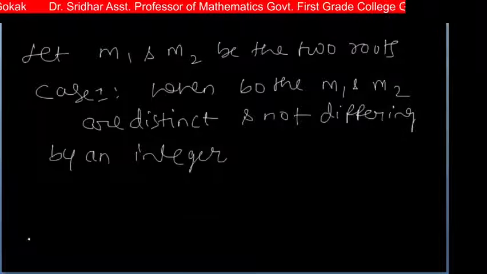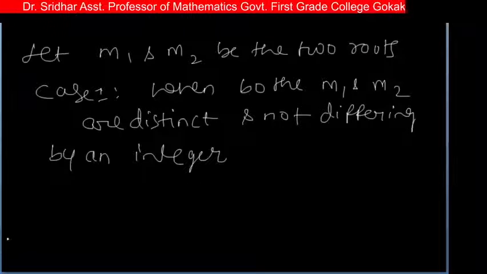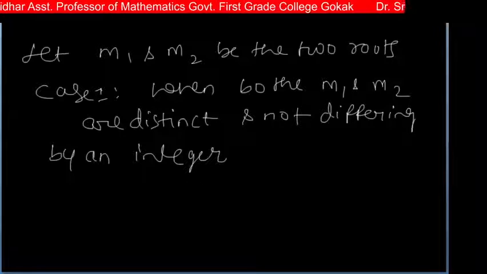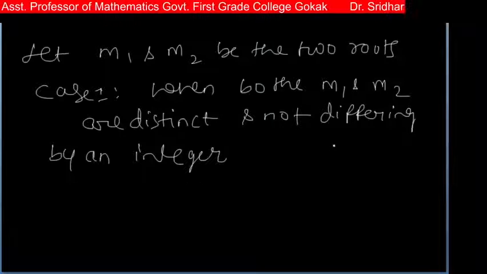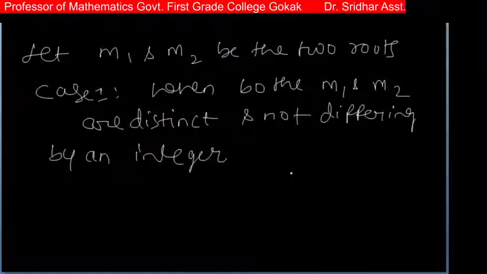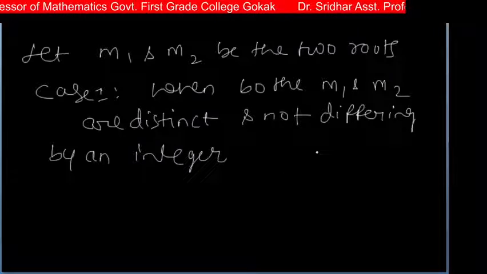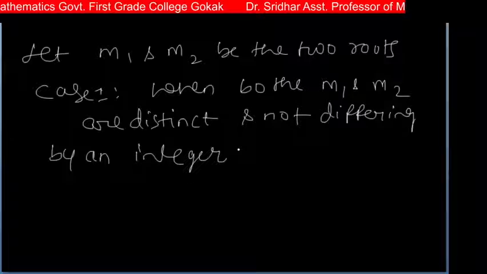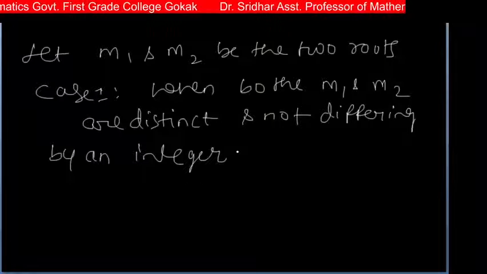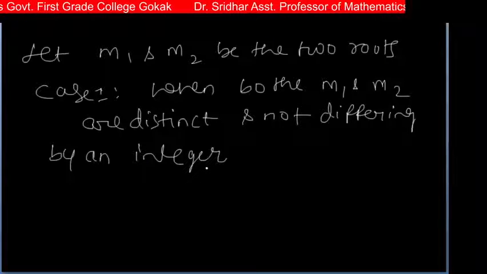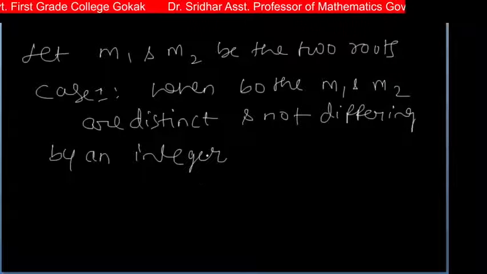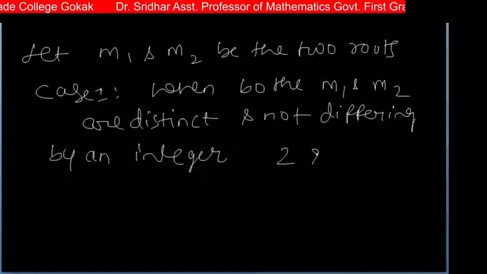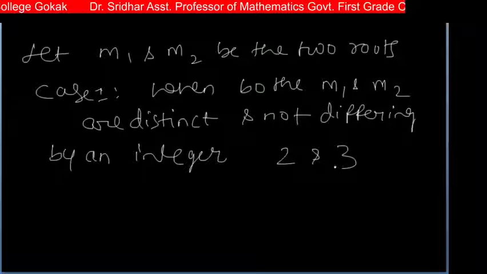That means both m1 and m2 are distinct. Distinct means both are different, and not differing by an integer means the difference between the two numbers is not an integer. So for example, 2 and 3 are two distinct numbers.